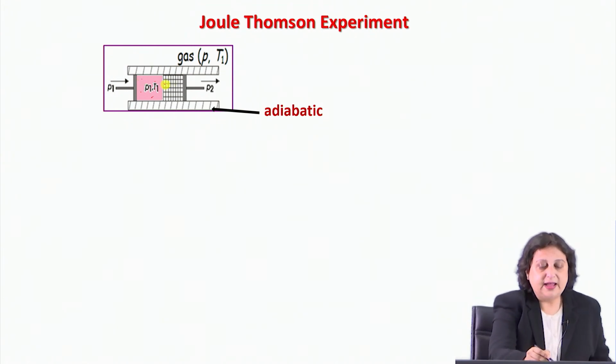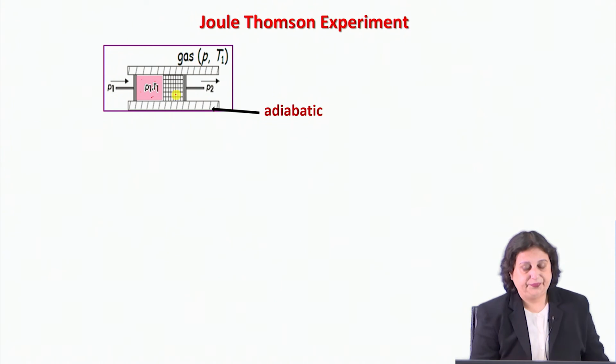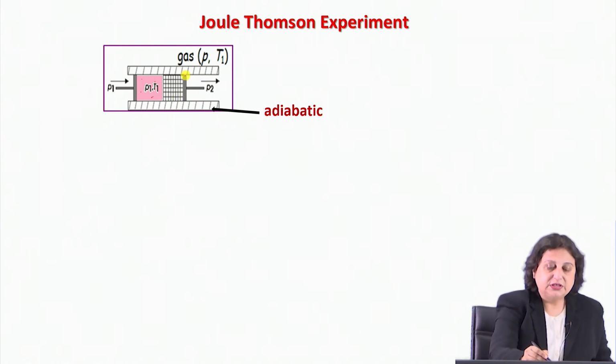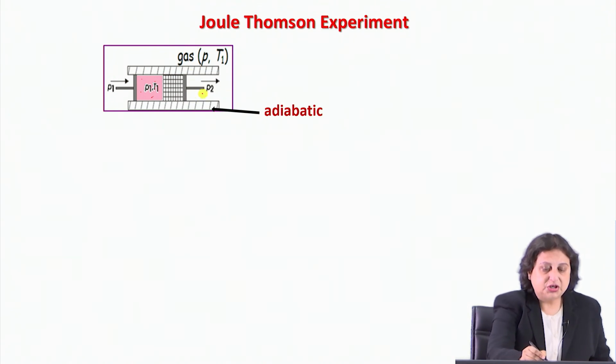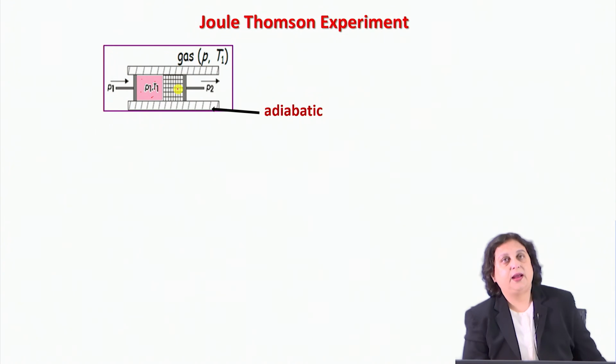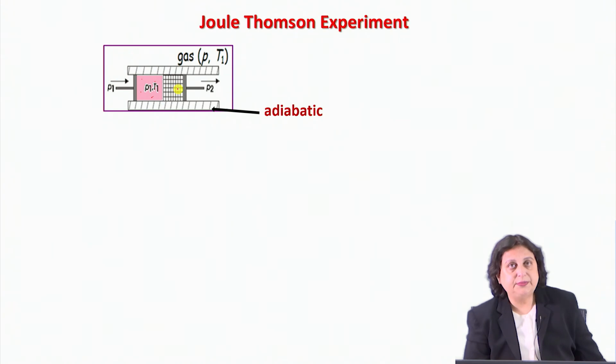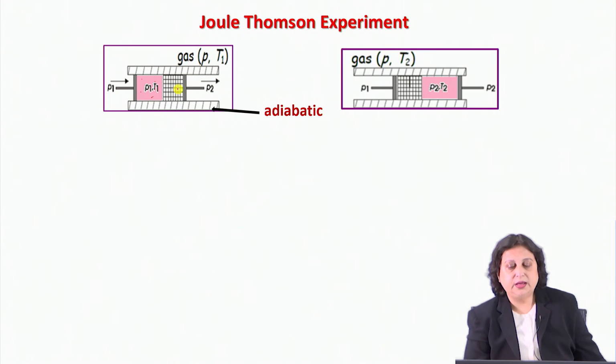On the fourth side, I have a porous plug. And on the other side of the porous plug, I have another piston which is held here by applying a constant pressure P2. Now, if I perturb this system and allow the gas to expand through the porous plug from the left-hand side compartment to the right-hand side compartment, then this is going to be my final equilibrium state.